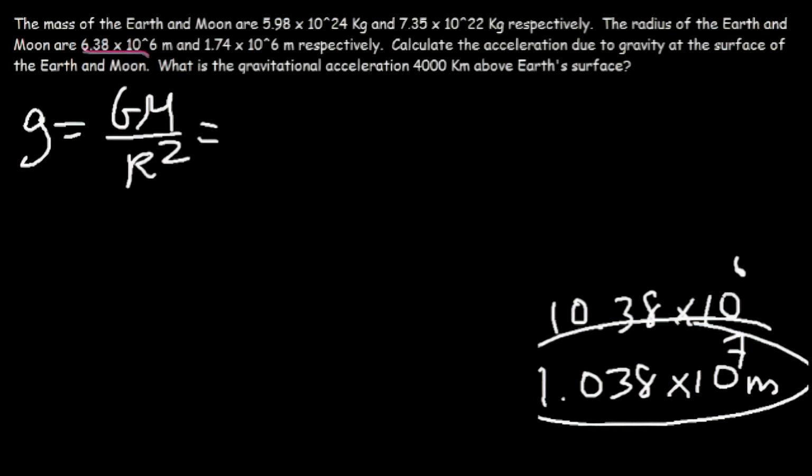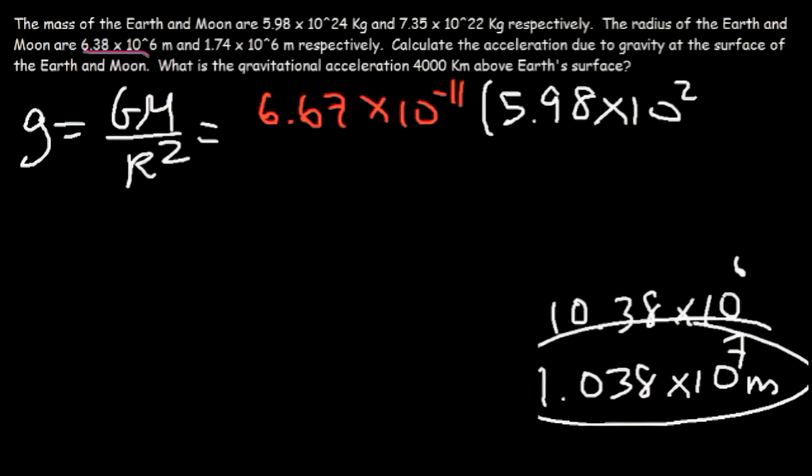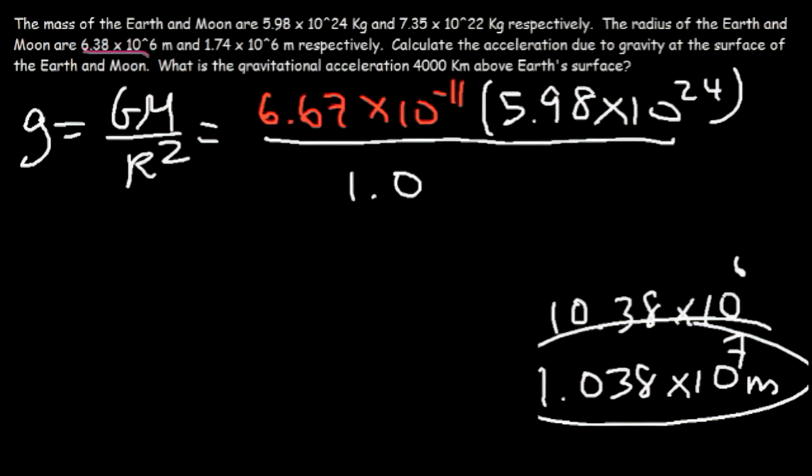So G is going to be the same. The mass of the Earth is still 5.98 times 10 to the 24. But now R is a different value. It's 1.038 times 10 to the 7. And let's not forget to square it.